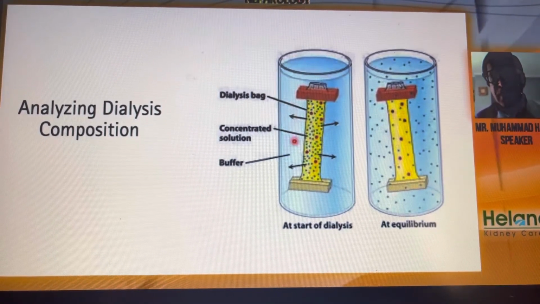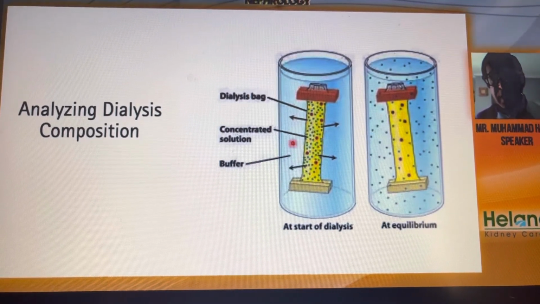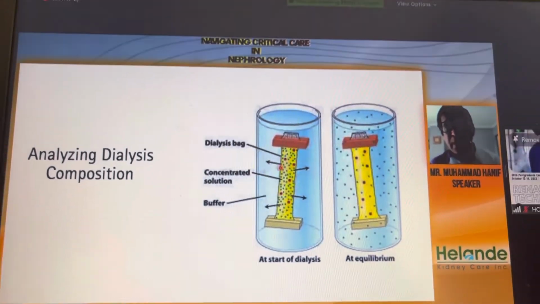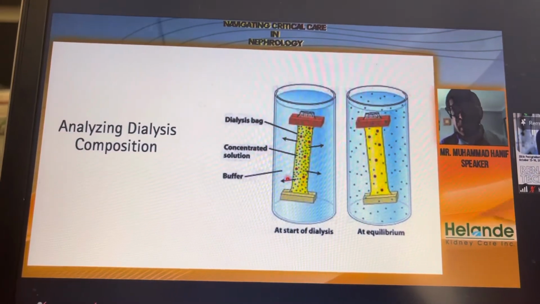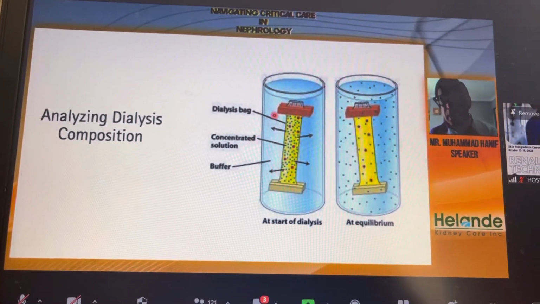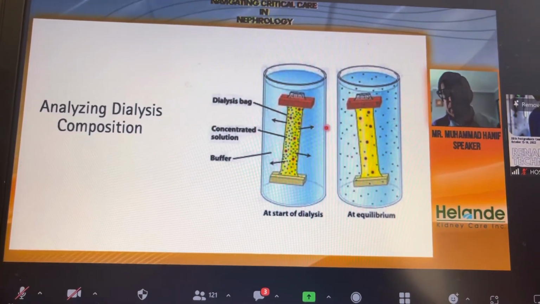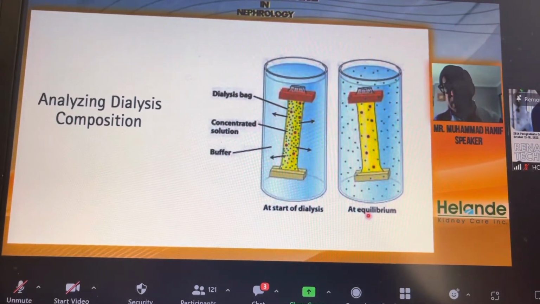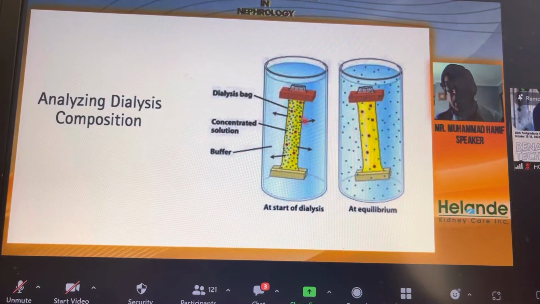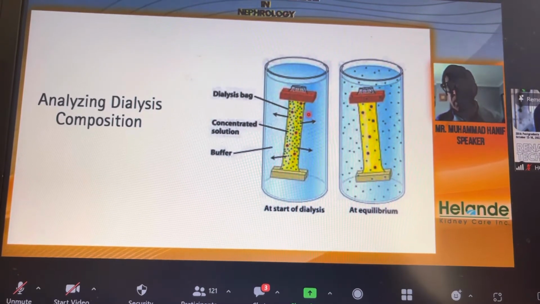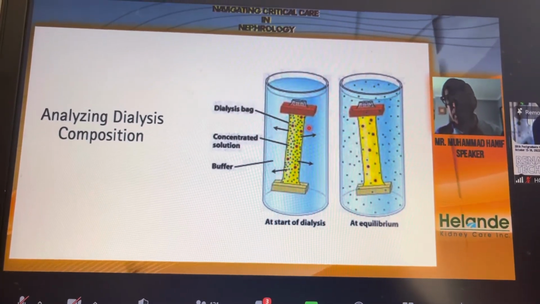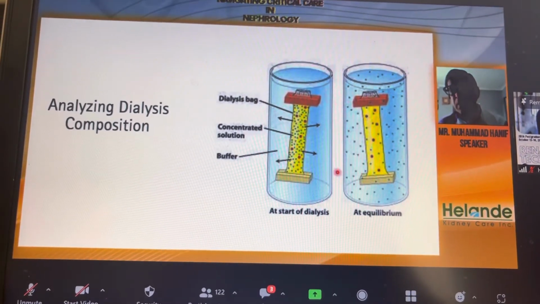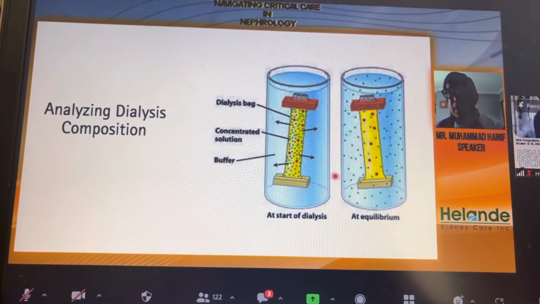This is the start of the dialysis, and this is the buffer, which is the dialysis solution. This is the dialysis bag, and this is the concentrated solution which is passed through. Slowly and gradually, at the end of the treatment, we call it an equilibrium, meaning whatever toxins or fluid we need to remove and whatever electrolytes we need to balance are already balanced. That's why we call it equilibrium, meaning everything is equal already.